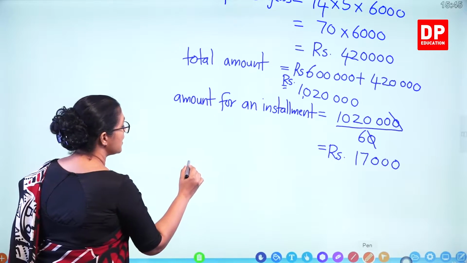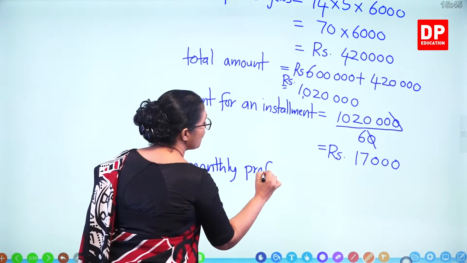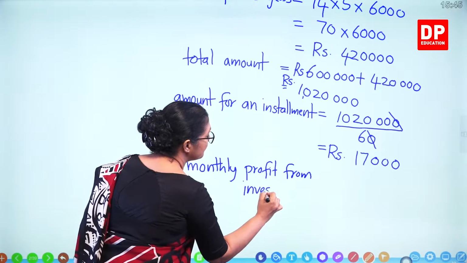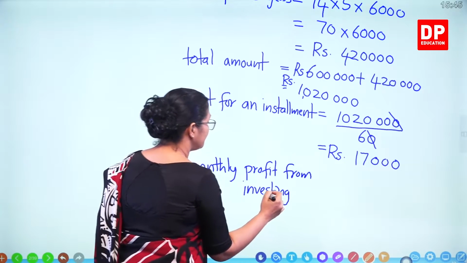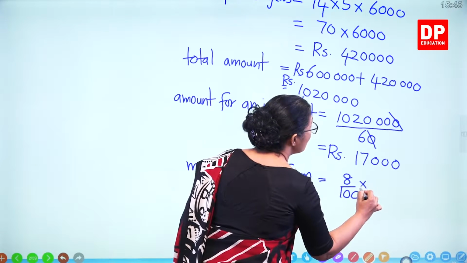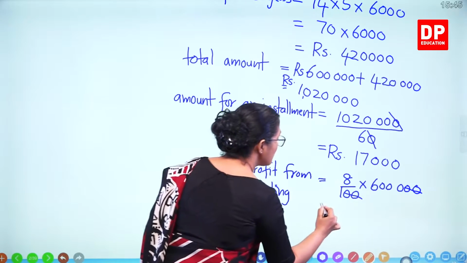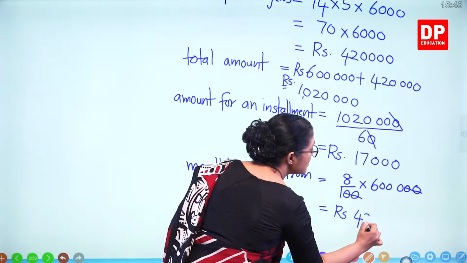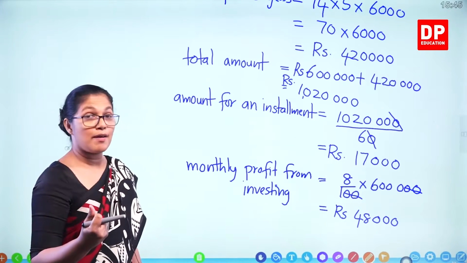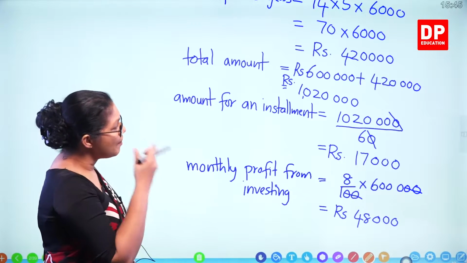So the monthly profit from investing: 8% of 600,000 rupees. 2 zeros, so 48 and 3 zeros, 48,000 rupees. So he is getting a profit of 48,000. He needs to only pay 17,000. So this is a profit actually.